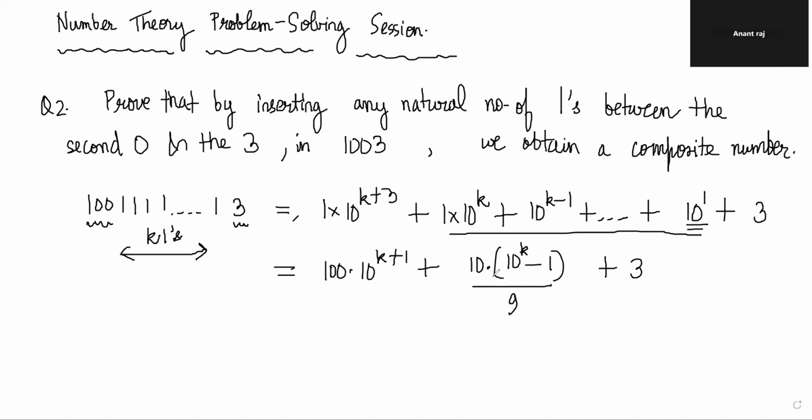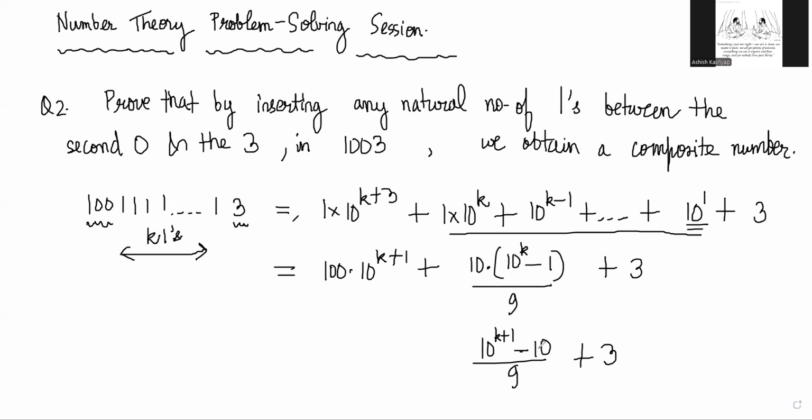So technically, this is looking like 10 power k plus 1 minus 10 by 9, plus 3. So we can say minus 1 minus 9, right? Yes, sir. We can take a 9 out, right? 10 power k plus 1 minus 1 by 9, minus 1, so plus 2.